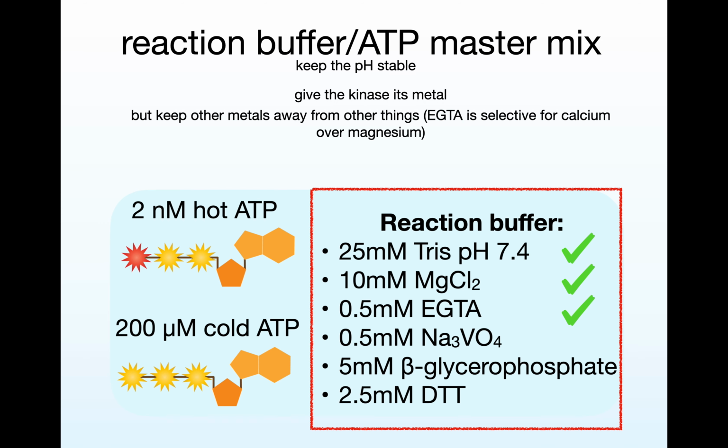EGTA is a calcium chelator, so it grabs onto and hides calcium. You might have heard of EDTA. EDTA will do that for calcium, but it will also do it for magnesium, and that wouldn't be good because it would take the magnesium from our kinase.